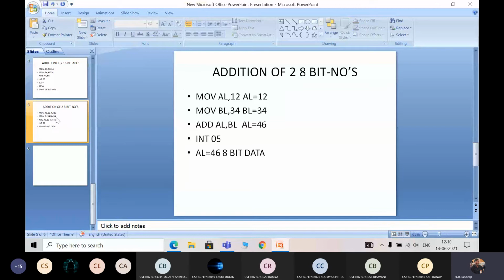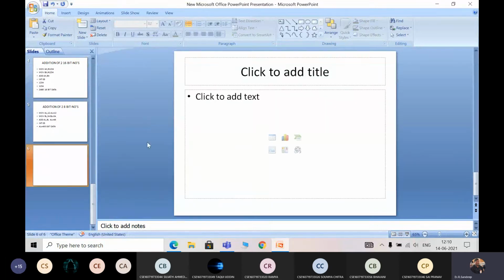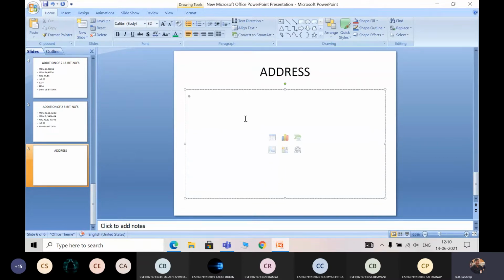Okay, immediate addressing mode. So now if you are making use of the address, how to make use of the address? Simple. Move A comma, address will always be indicated with the help of the @ symbol, 1, 2, 3, 4.